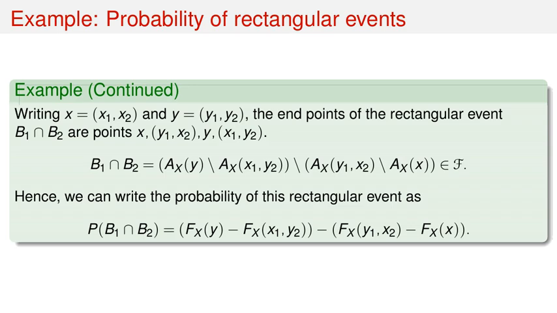The rectangular event B sub 1 intersect B sub 2, which is x sub 1 is less than X sub 1 is less than or equal to y sub 1, and x sub 2 is less than X sub 2 is less than or equal to y sub 2, has its corners defined by these points.